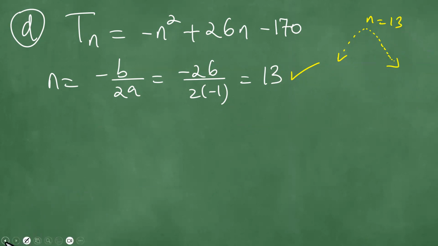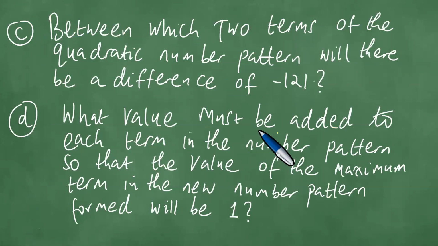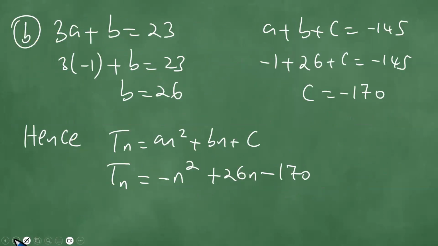But now, if you look at what the examiner wants, they're asking: what value must be added to each term in the number pattern so that the value of the maximum term in the new pattern formed will be 1? Let's analyze this question carefully and see what needs to be done.